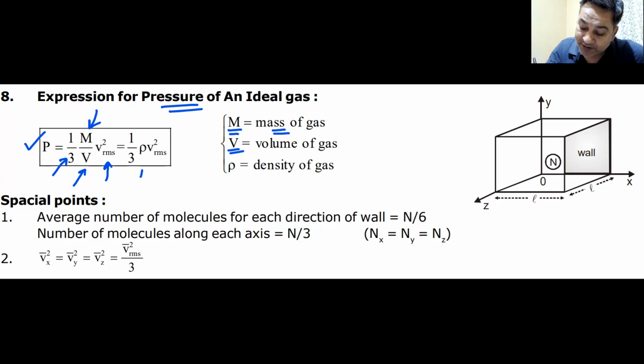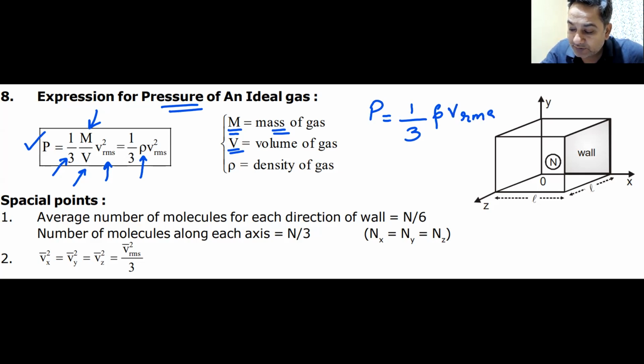Total mass divided by total volume becomes your density. So you have the formula P is equal to 1 by 3 rho into VRMS square. This is the formula that you get, which relates pressure with density and the RMS velocity.